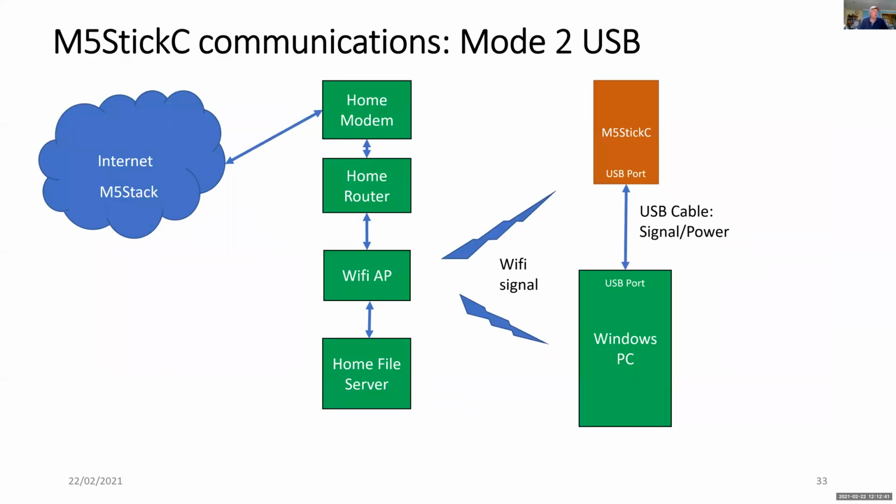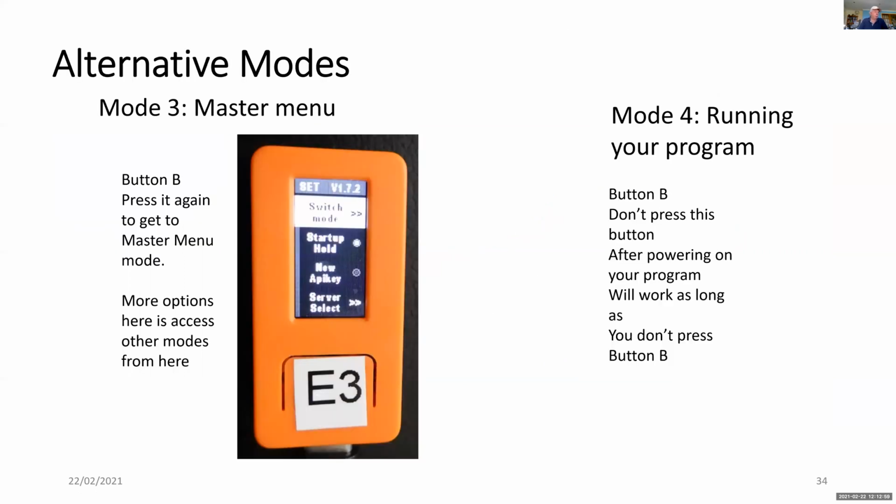So for mode 2 USB, any program that you get from the cloud comes from your Windows via USB into the M5StickC. Now, it may be possible that you've pressed button B too many times and you could get a picture like that.